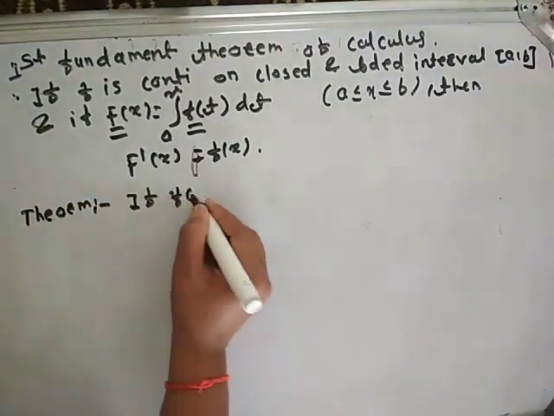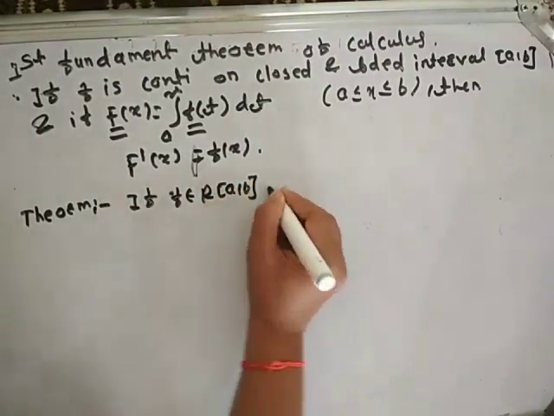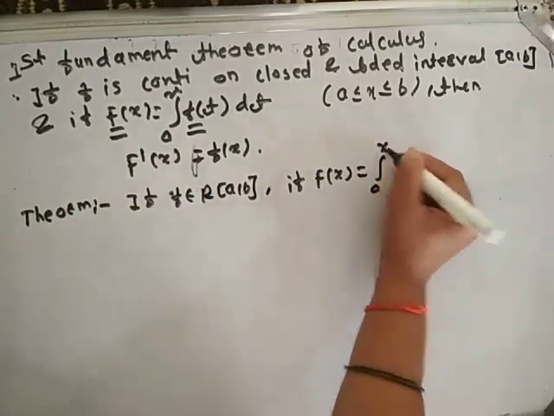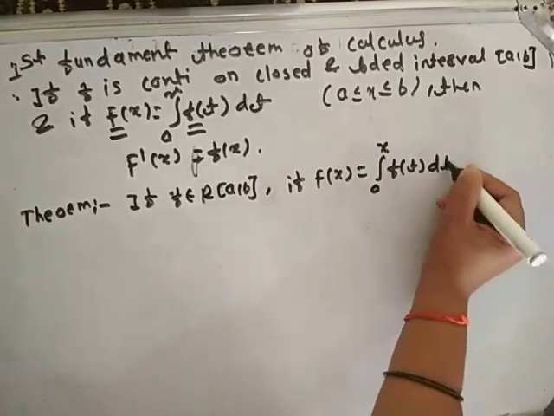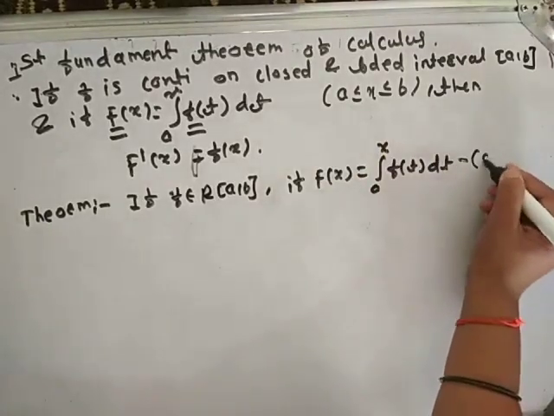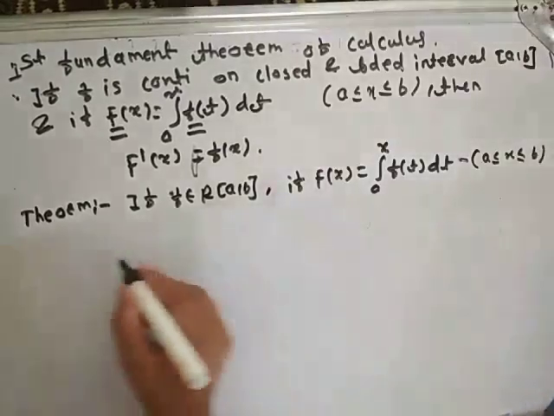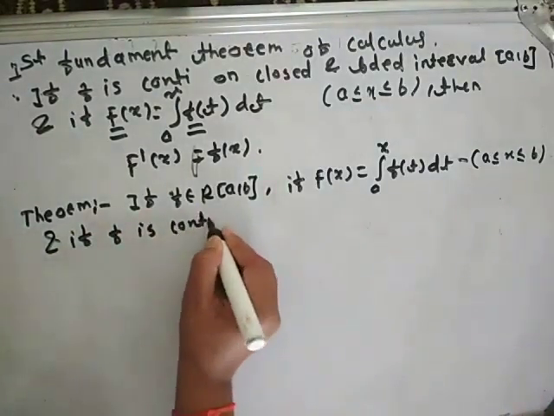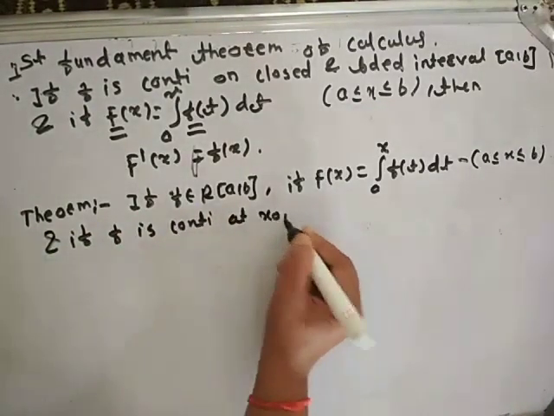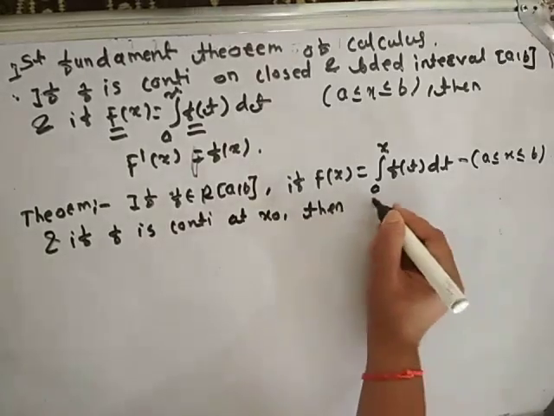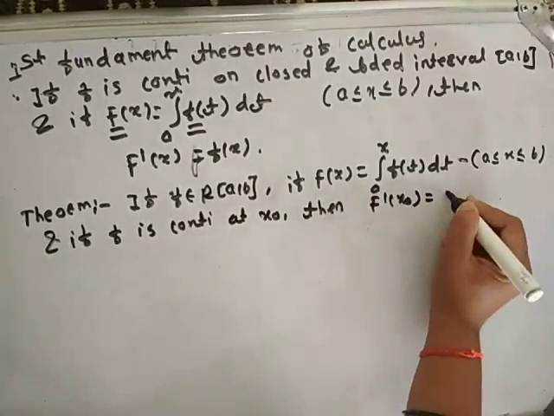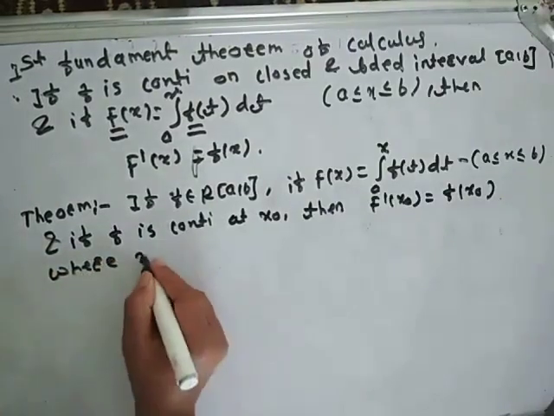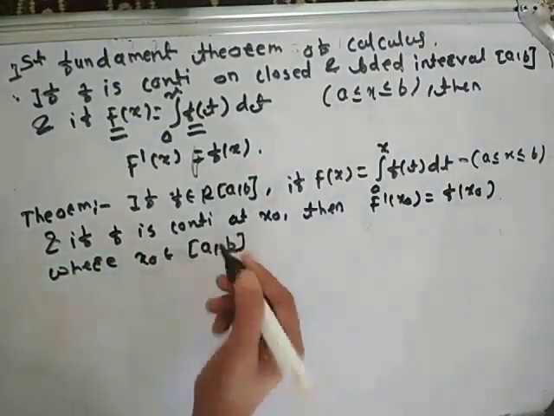If f is Riemann integrable on closed interval [a, b], if F(x) is equal to the integral from a to x of f(t) dt, a less than or equal to x less than or equal to b, and if f is continuous at x0, then F'(x0) is equal to f(x0), where x0 belongs to closed interval [a, b].